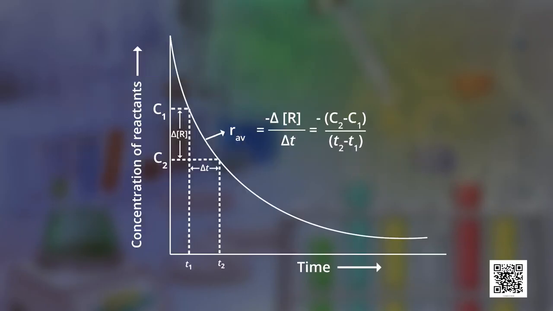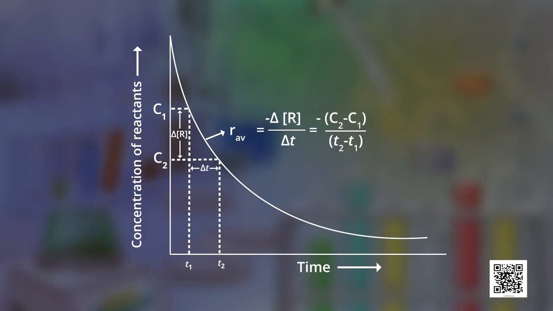Rates can be determined graphically as well. If we plot the graph of concentration of reactant versus time, we get the graph as shown here. From the graph, we can see that concentration of reactant R decreases with time. To calculate the average rate of reaction between any two instants of time t1 and t2, the corresponding concentrations C1 and C2 are noted from the graph.